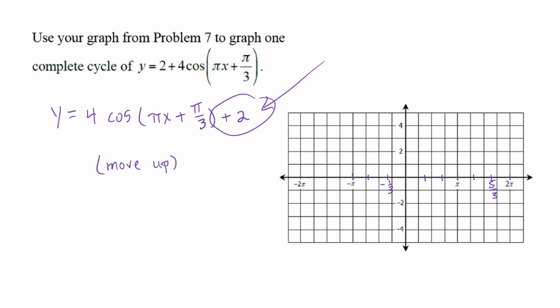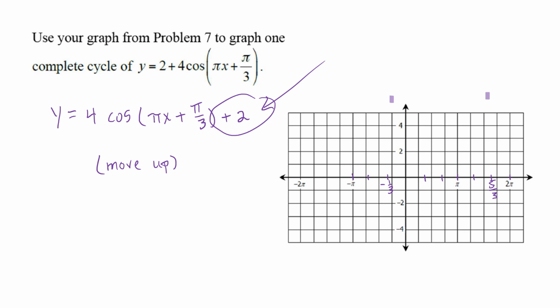So our first point was at -1/3, 4. And so I'm now going to move up 2 units. So now I'm going to be at -1/3, 6, which is not on the screen, so we're just going to plot the point up above because the y-axis goes by increments of 1. And then I know I'm going to end at 6 as well.